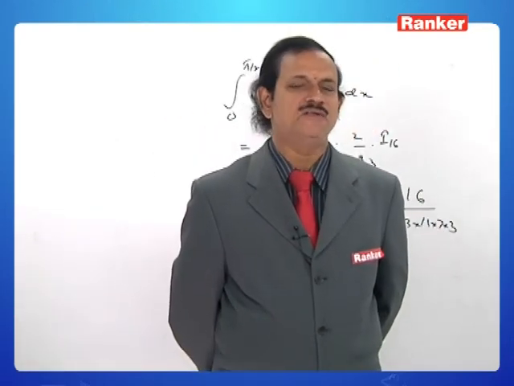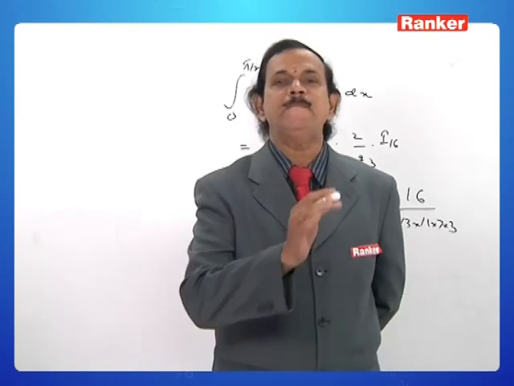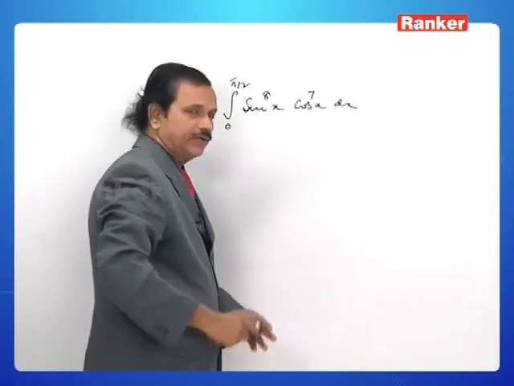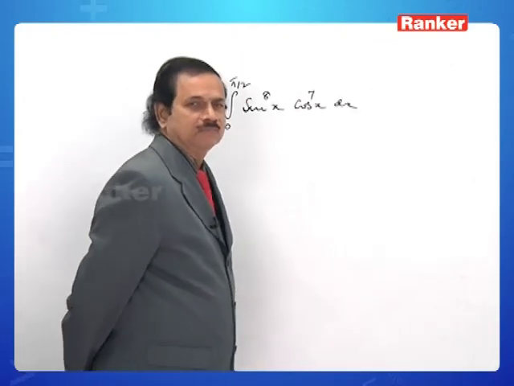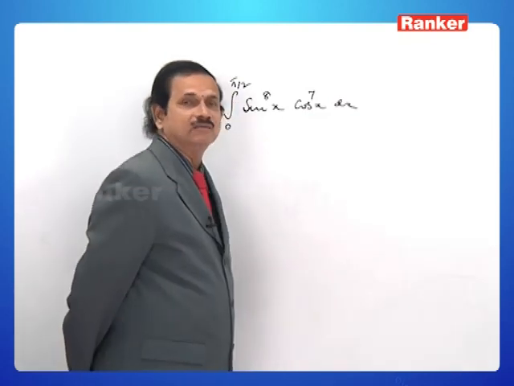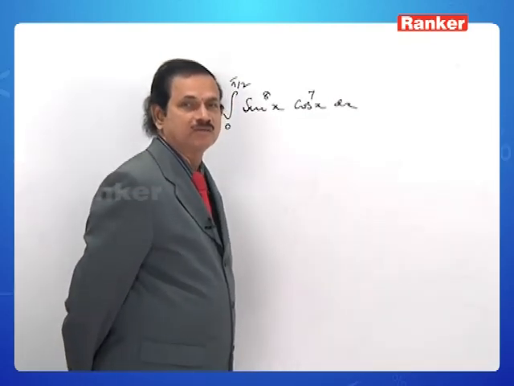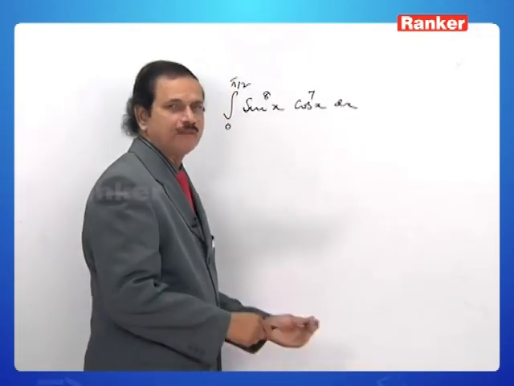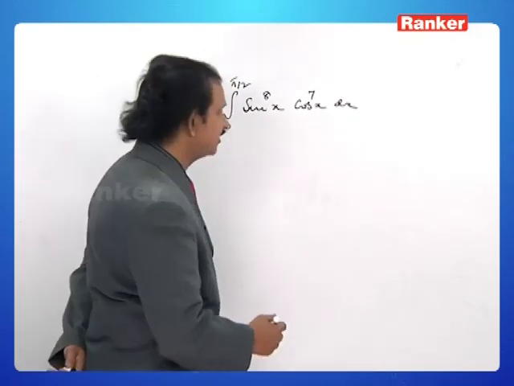There has been another case. What is that case? M is even and n is odd. What happens to that? You please observe the case. M, that is the exponent given to the sine function, is even. N, that is the exponent given to the cos function, is 7, that is odd. Let us observe the answer, the style of simplifying it. Come on.